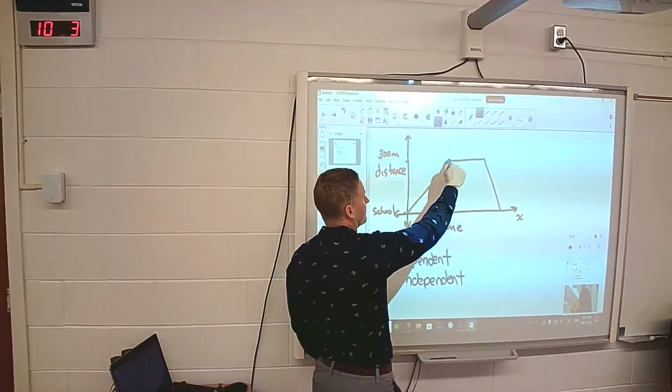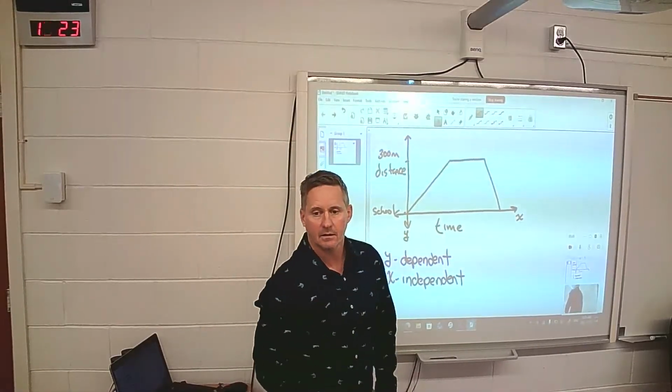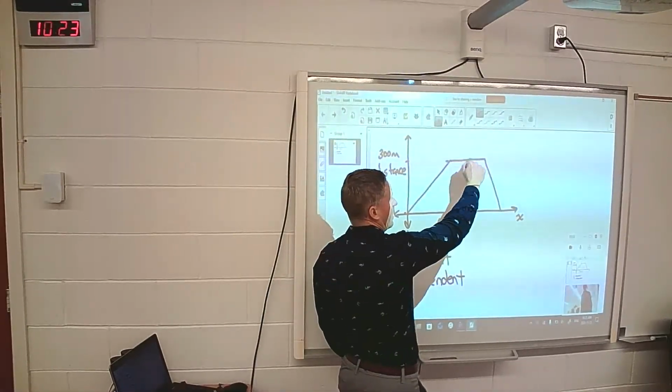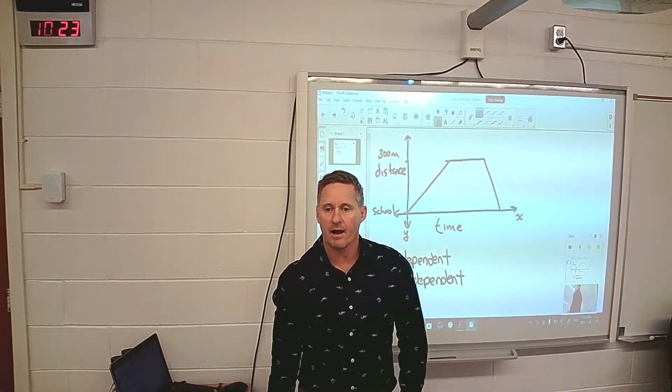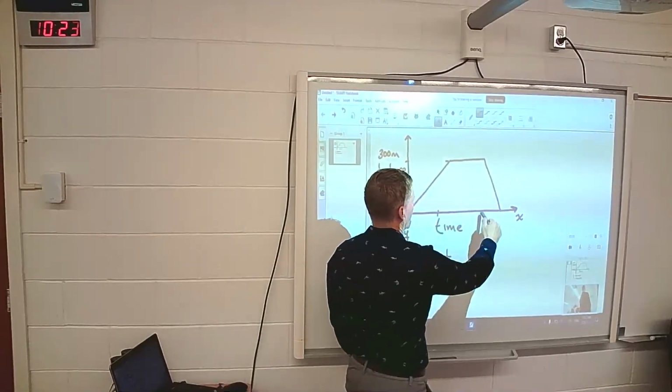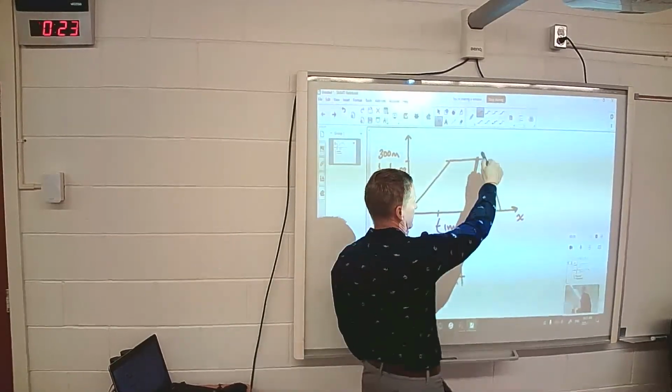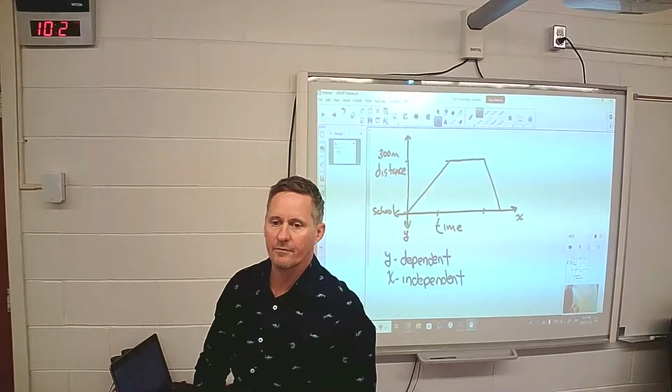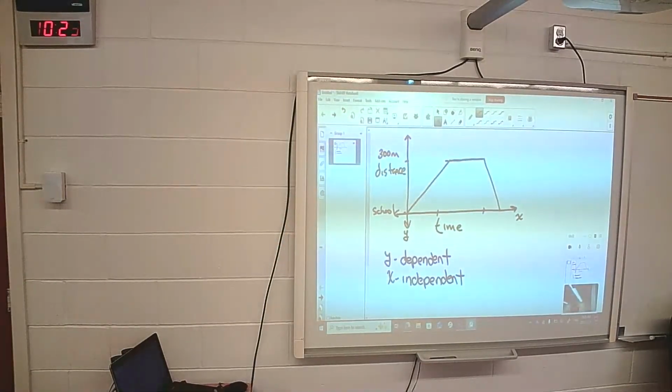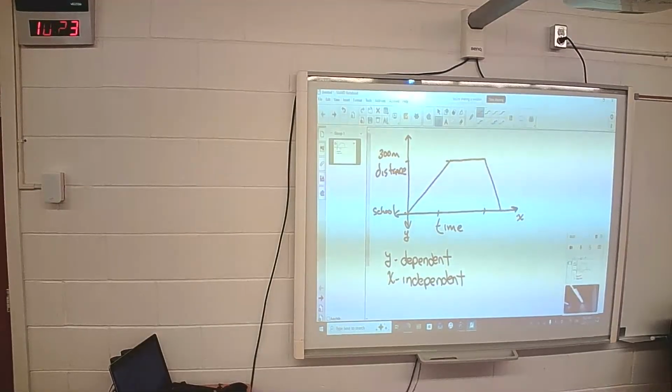You were moving away from the school at a constant pace. You stayed wherever you were for a given amount of time. The time keeps going, it doesn't stop. And then you ran back to the school, so you went a lot faster, so you had a steeper line. That's just a simple relationship between distance and time.